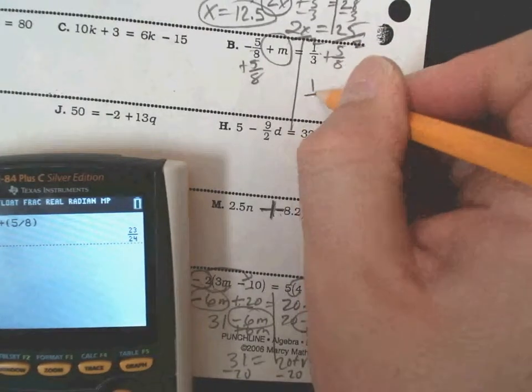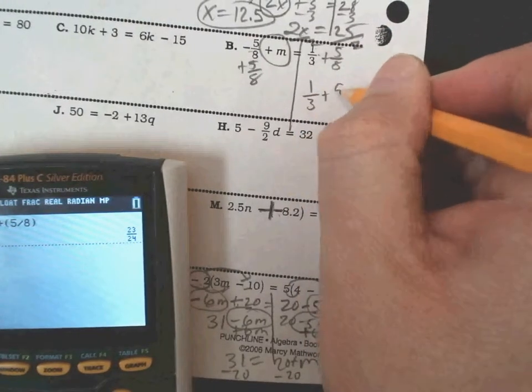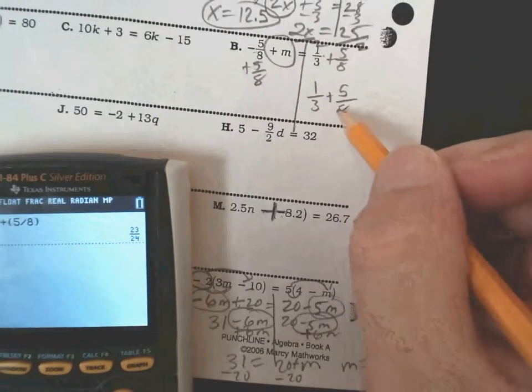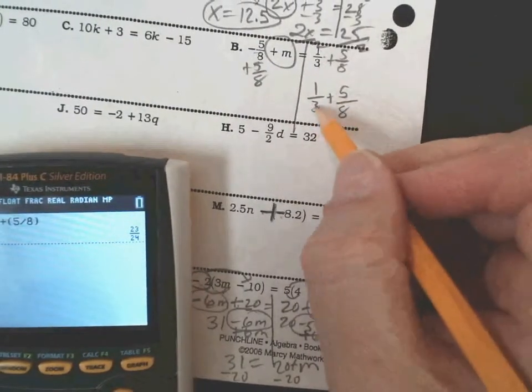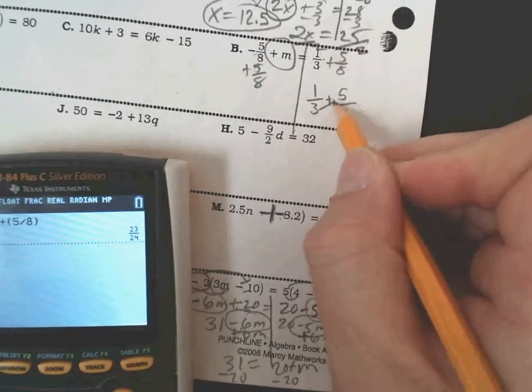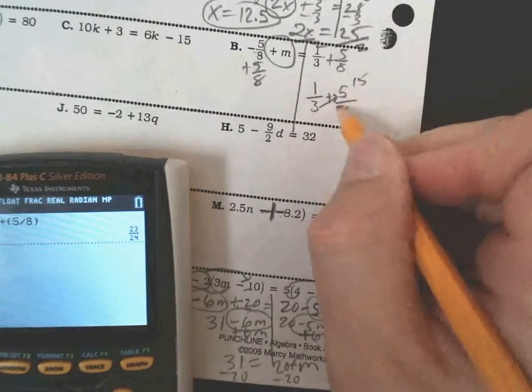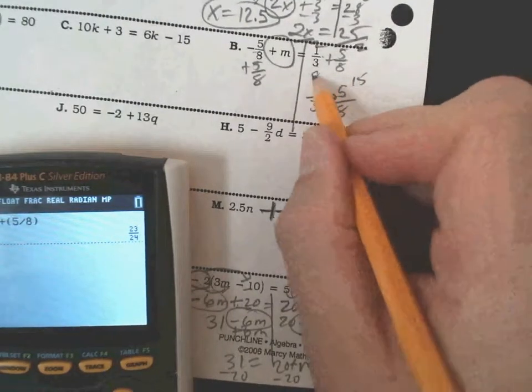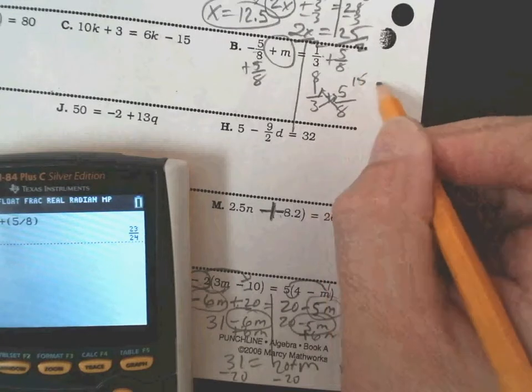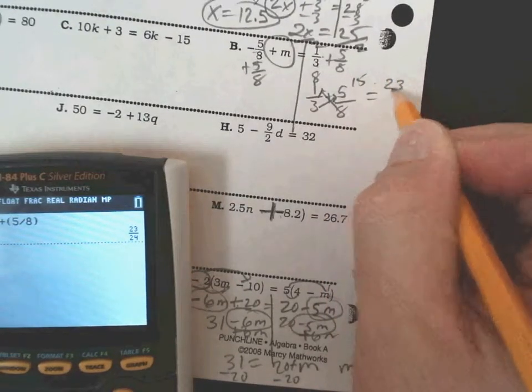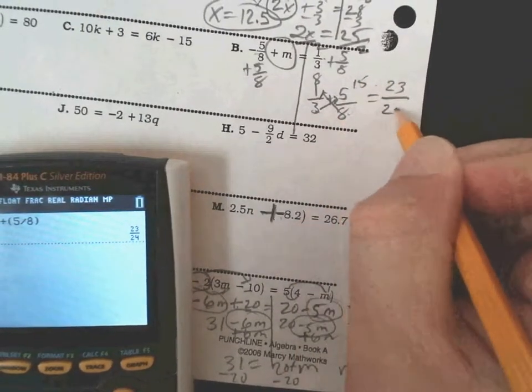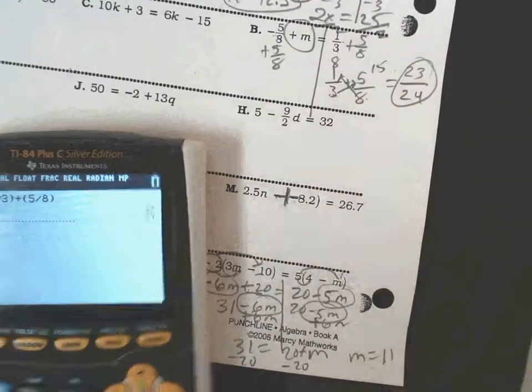The common denominator between an 8 and a 3 is 24. If you haven't seen it, the easy way to add numbers when you don't know the common denominator, in this case 24, is to multiply across and multiply across: it'll be 8 plus 15, which is 23, and then 3 times 8 is 24. So that's the easiest way to do it.